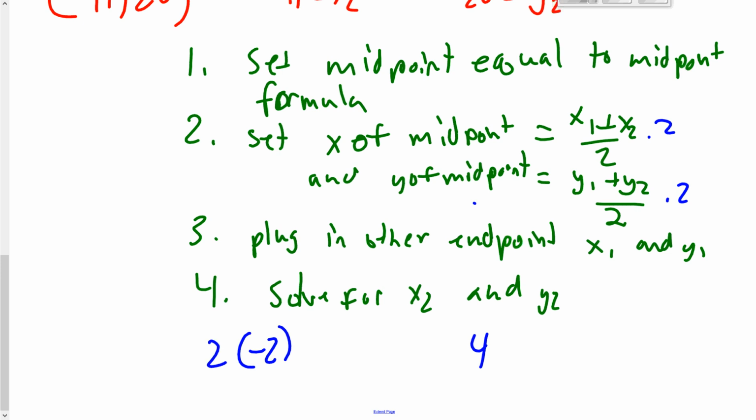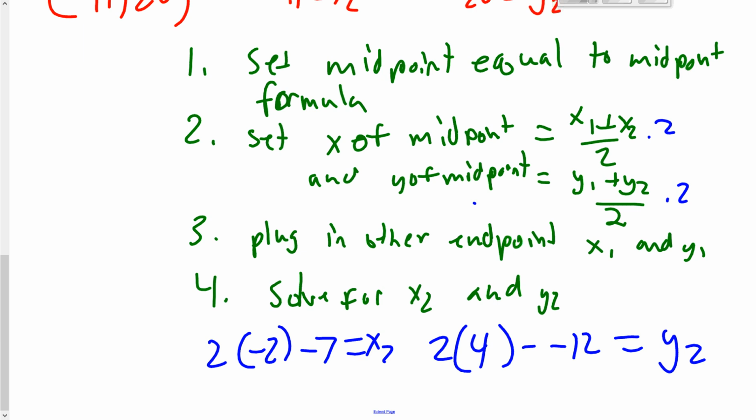So really you're taking negative 2 and multiplying by 2. You're taking 4 and multiplying it by 2. And then instead of adding, you'd be subtracting your x1, so I'd be subtracting 7. And on this one, I'd be subtracting my y1 on both sides, so that'd be subtracting a negative 12. And then you can simplify these for y2 and x2, and if you do, you get the negative 11 and 20.